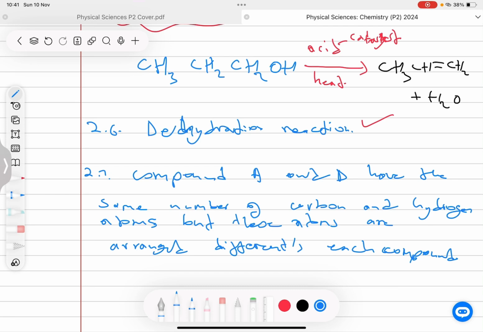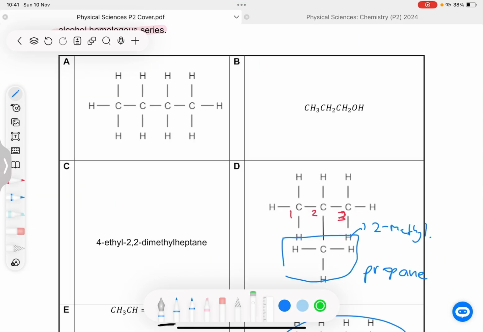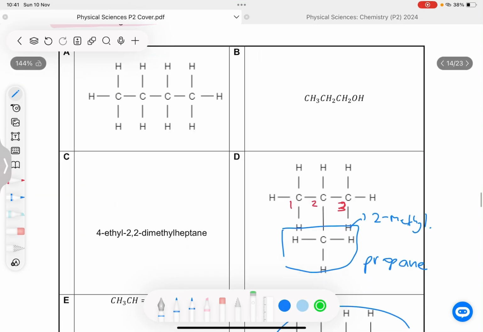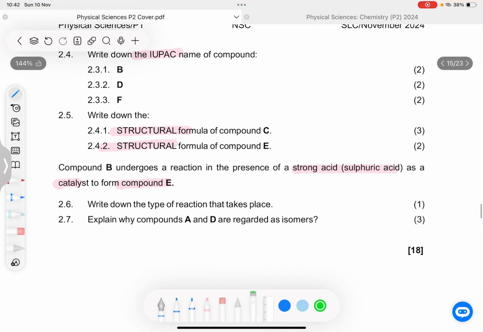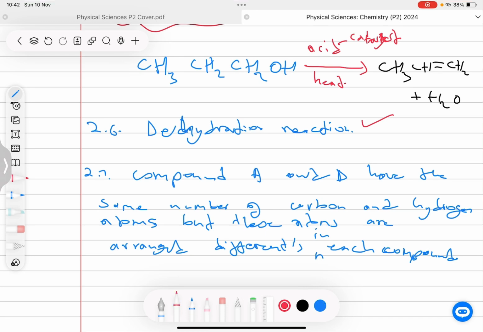Let me navigate this and actually it makes sense, because I'm writing while explaining as well. We're saying compound A and B have the same number of carbon and hydrogen atoms, but these atoms are arranged differently in each compound. That is the end of question 2 with 8 marks. So here they'll give you 3 marks for motivating your answer.